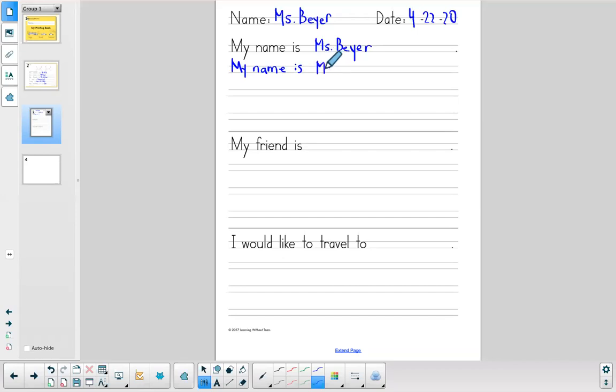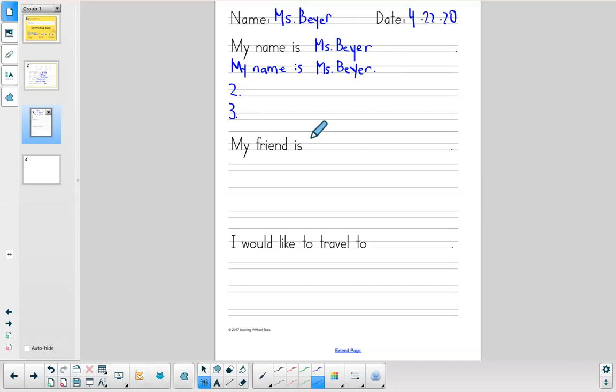I think some of us last time only wrote it one time. I noticed that there are more lines below it. So once I'm done writing it once, can't forget my ending punctuation, I need to write it a second time and a third time. Then I'll move to the next one.